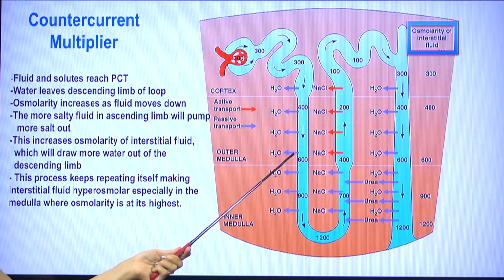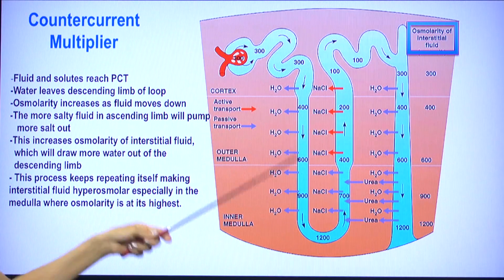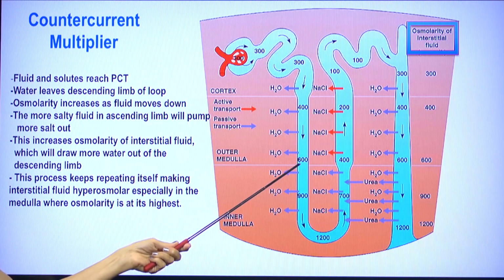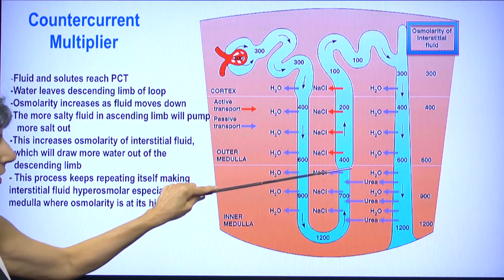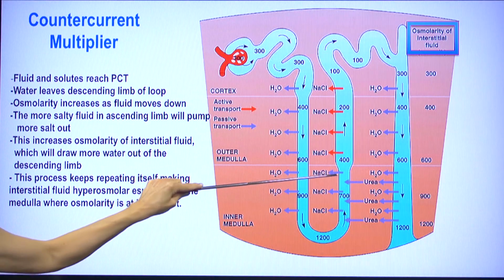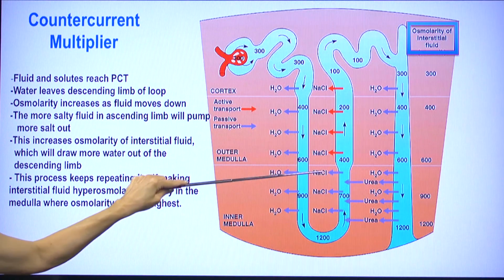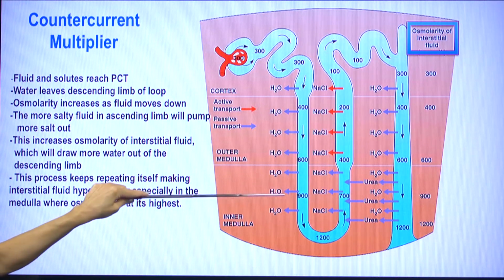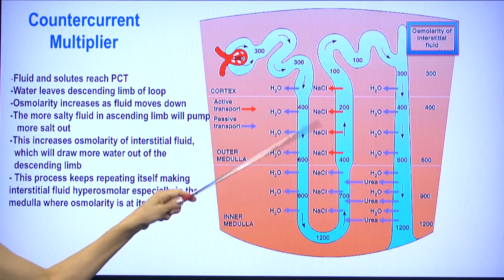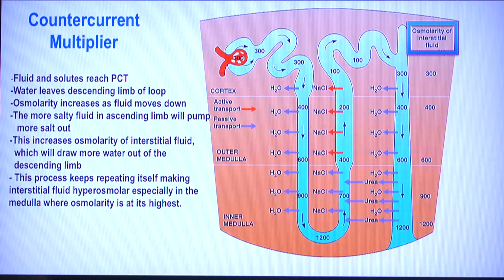If I take more water out of the descending limb, it becomes even more hyperosmolar. More salt reaching here, we are pumping out more of the sodium. Increasing the osmolarity, we pull out more water. So we are multiplying the effect all the time.